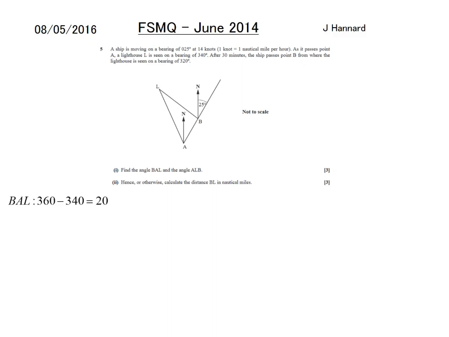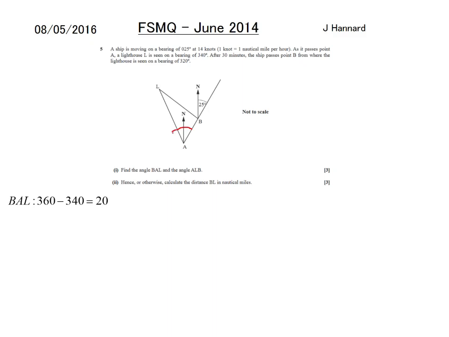So, we'll start with BAL, which is 360 minus 340. BAL, so that's this angle here. 360 minus 340, because from the point A, a lighthouse is seen on a bearing of 340.